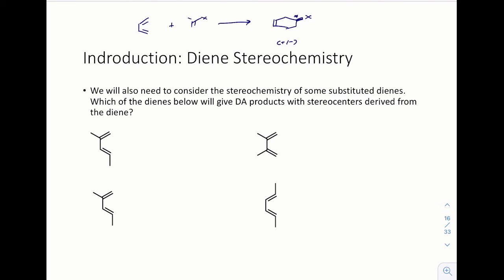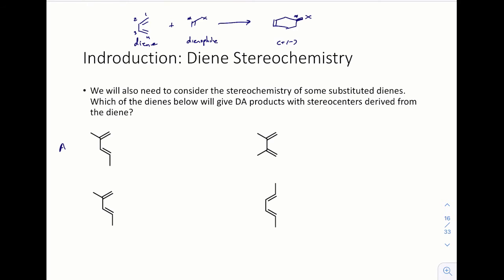We've already seen that for dienophiles, those carbon atoms may become stereocenters if they bear an electron withdrawing group and if the cyclohexene is chiral. So for which carbons of the diene is this the case? Which carbons of the diene may result in stereocenters if the diene is substituted on those positions?